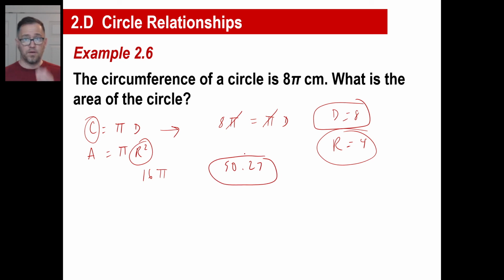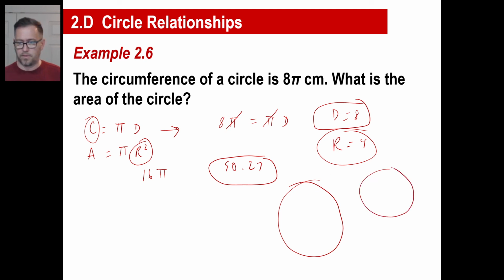And again, I just want you to visualize this. If this is the circle, you have to really visualize that. Boy, that's pathetic. Okay, that looks like Charlie Brown or something. Okay, anyway, here's the circle, and the radius was 4, okay?